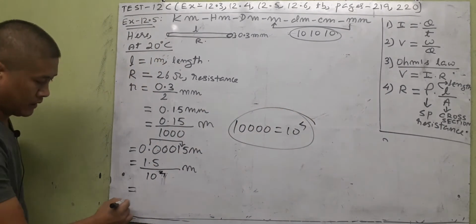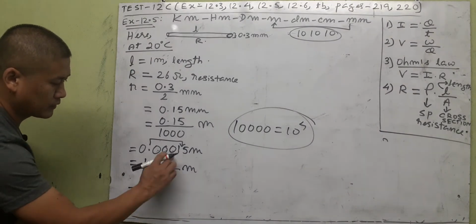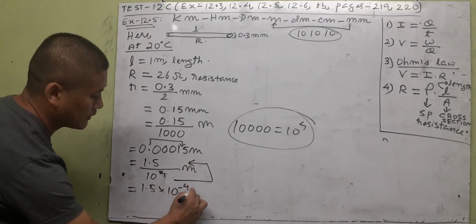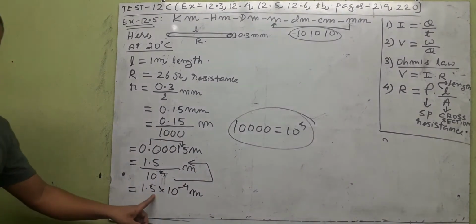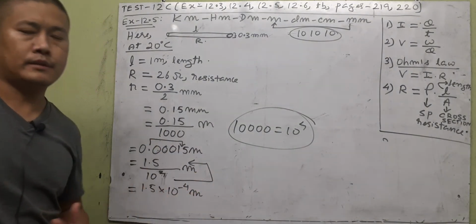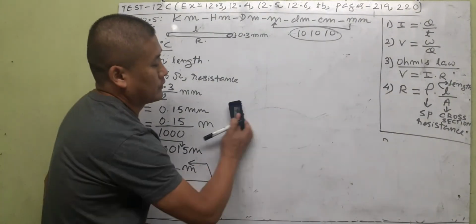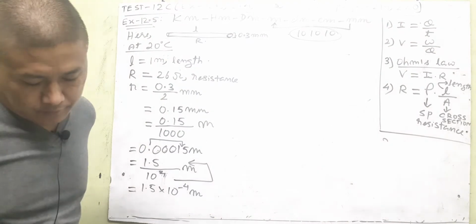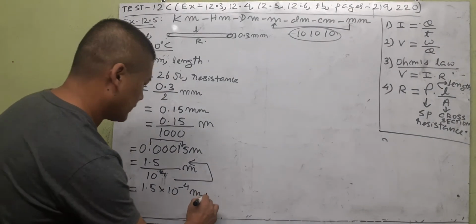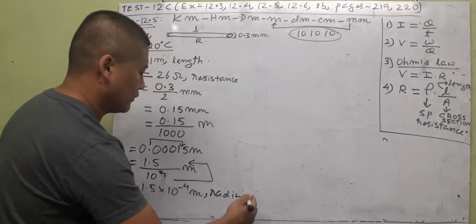So 1.5, and if you shift 10 to the power plus 4 from denominator to numerator, the power will change to minus 4. This is called standard expression, which is not a hard and fast thing, but it is done usually like that. So I'm just writing like that. Okay, so once you're through with that, now let's go to the next part. So this is nothing but the radius of the wire.